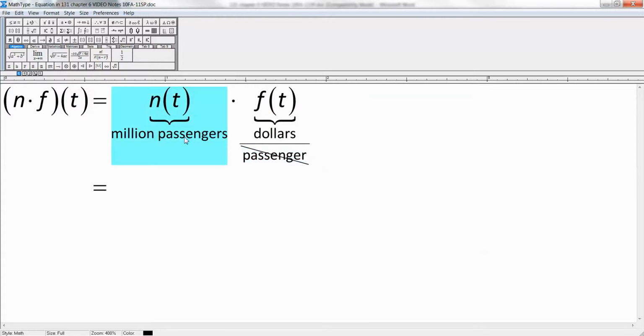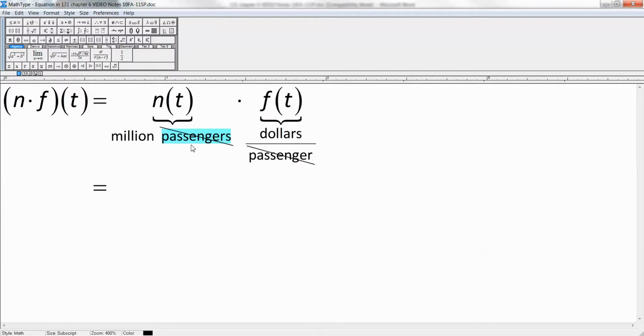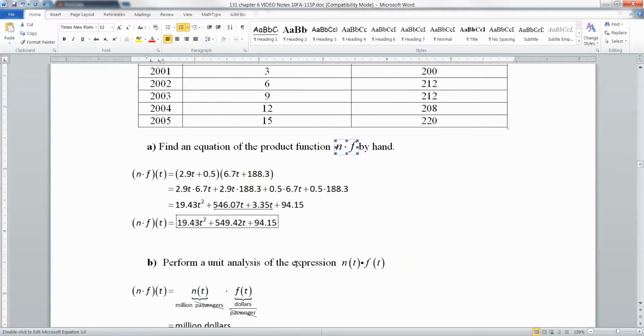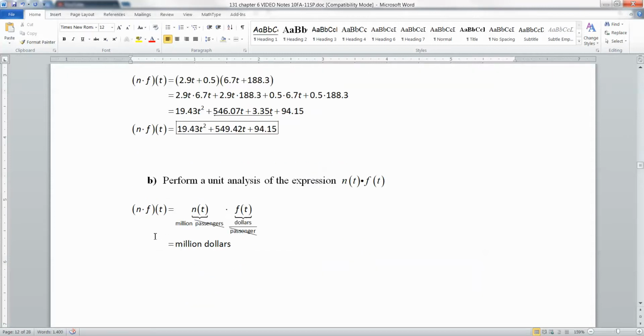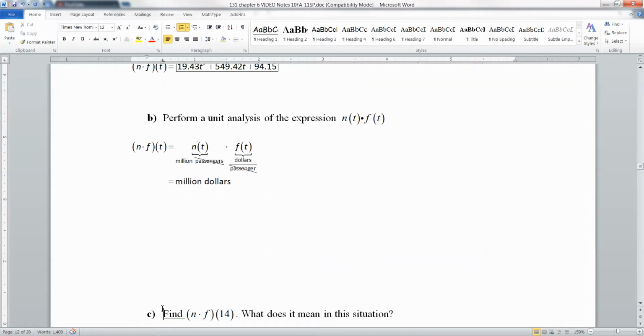And it's going to leave you units, which is million times dollars, which is $1,000,000. So this function is in $1,000,000. Right, so there's your unit analysis. When you're looking at n times f, whatever that comes up with, its unit is going to be $1,000,000.